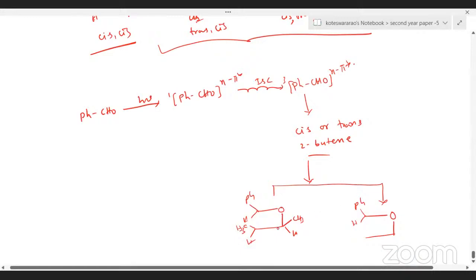Here the cis one. Again the cis one. And another two from the trans. These two are from the cis. And the next two.